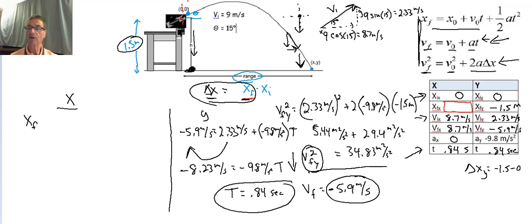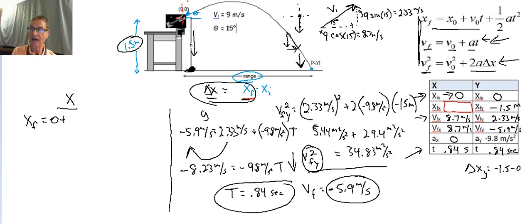I'm looking for x final. Well, do I have an equation that will help me get x final? Well, the top one will, right? x final equals x initial plus v0 t plus a half a t squared. Well, x final equals x initial, which in the x direction is 0, plus v0 times t.